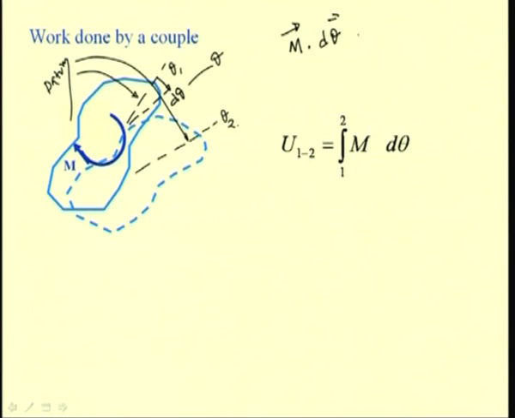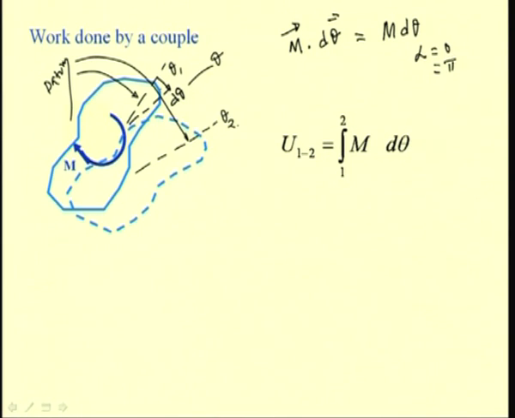In case they are in the opposite direction, then this work done is negative. So, it is equal in magnitude to this value M d theta. The sign of this depends upon whether this angle between these two vectors is either 0 or pi.